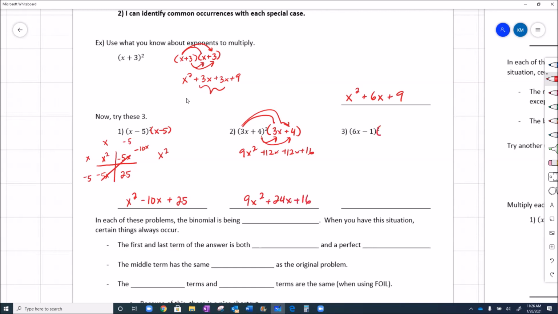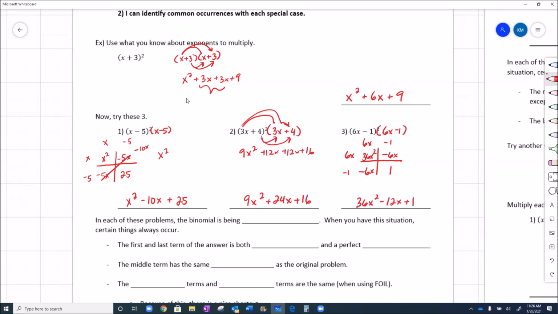And finally, 6x minus 1 times 6x minus 1. So we have 36x squared minus 6x minus 6x plus 1. So 36x squared minus 12x plus 1.